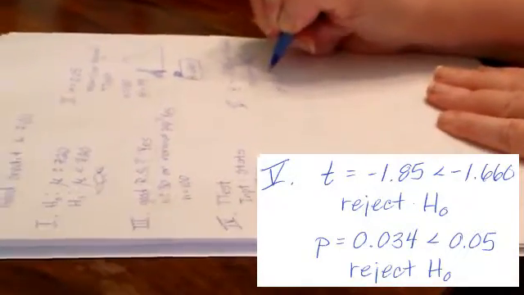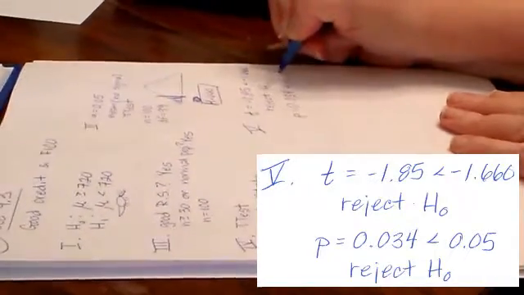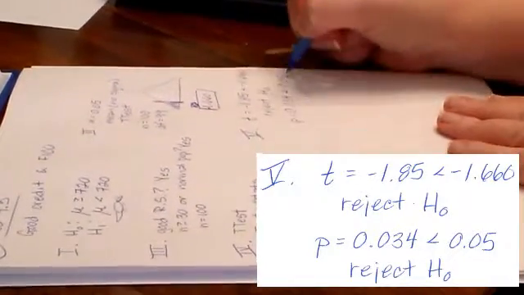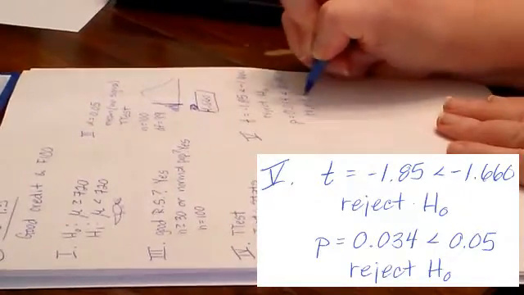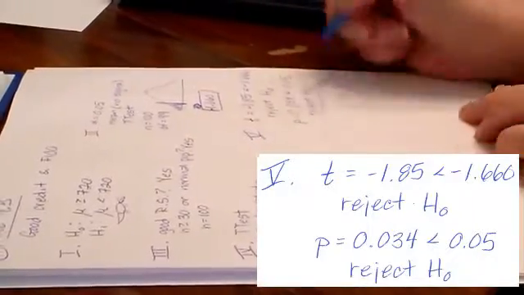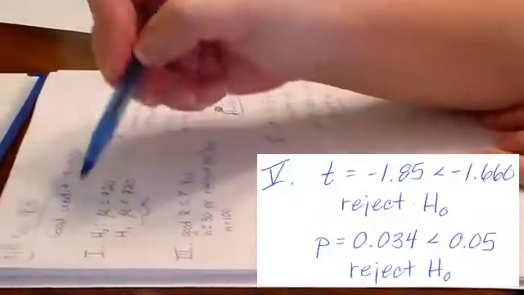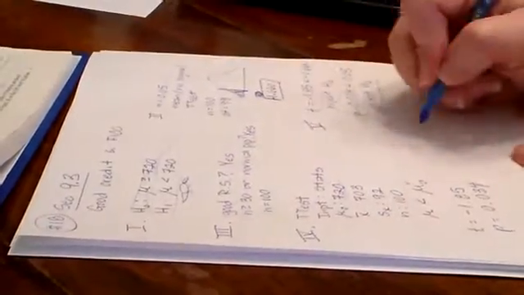My p-value is 0.034, and that's less than alpha. If p is low, right, if it's lower than alpha, I'm going to reject the H0. So that also tells me I can reject. So this is my conclusion, to reject H0. If I can reject H0, then the alternative hypothesis is my conclusion.